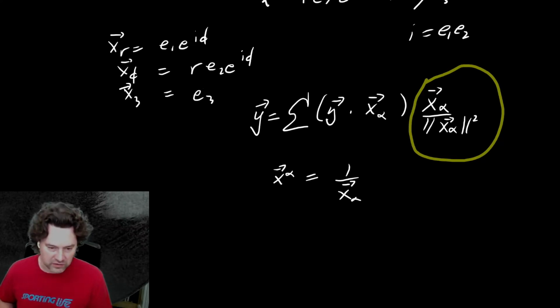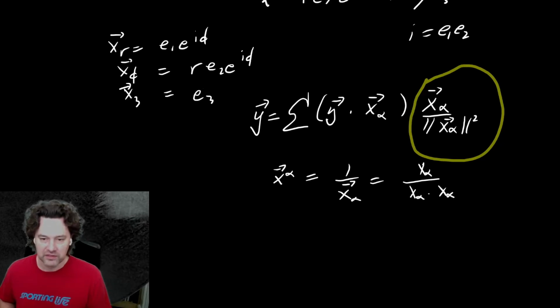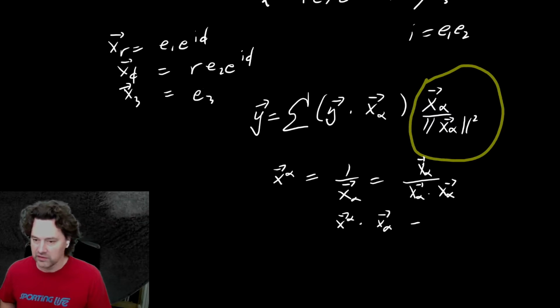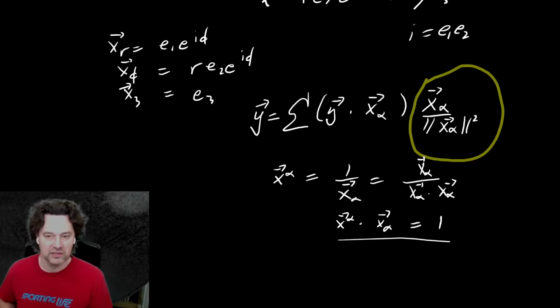Strictly speaking, 1 over x alpha is x alpha over x alpha dotted with x alpha. So if we dot that again with x alpha lower, we get 1. So this satisfies x upper alpha dotted with x lower alpha equals 1. That's the delta ij for i equals j case.